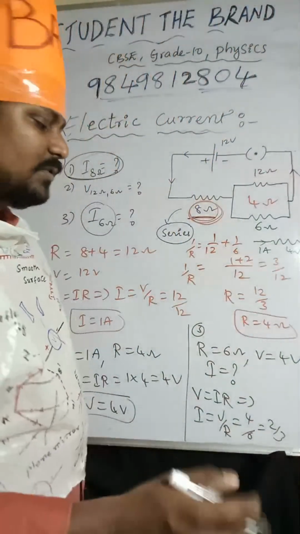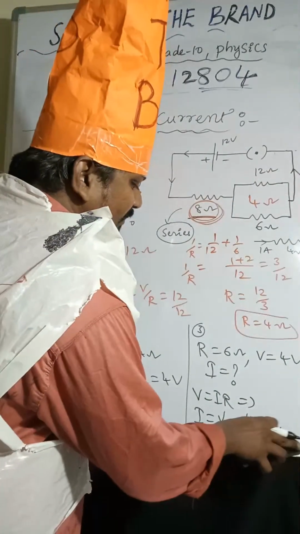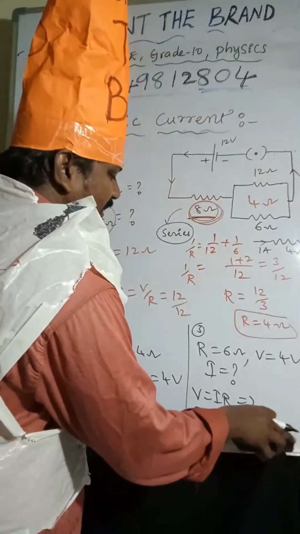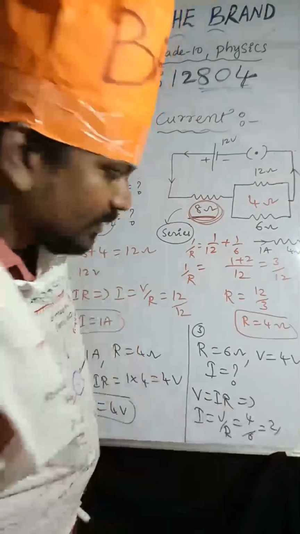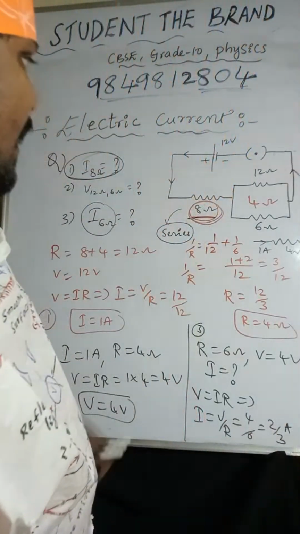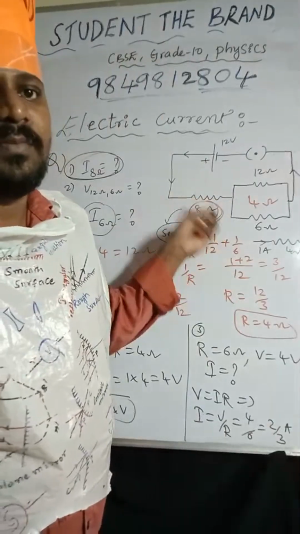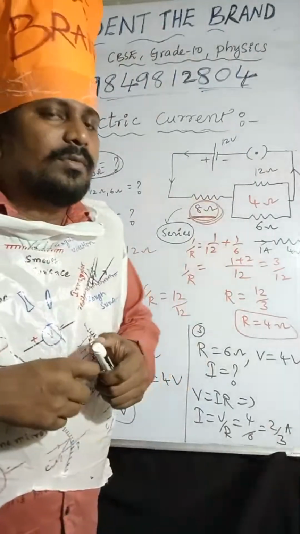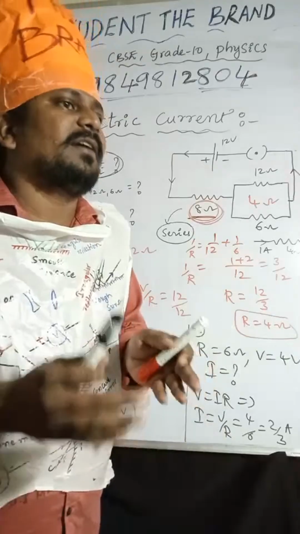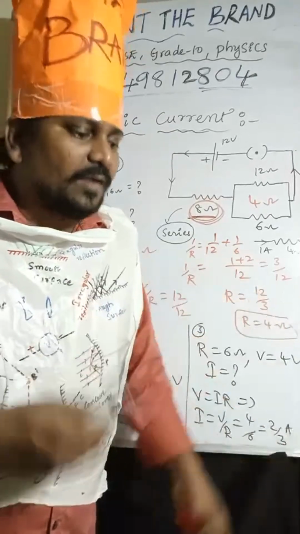If you have any doubts, you can let me know. You can ask whether it is correct or not. Just let me know, is it correct, whatever I did? So 2 by 3 ampere. And here because it is a parallel combination, actually 1 ampere is flowing, right? Whether whatever you did is correct or not, we need to identify, so we have to check.